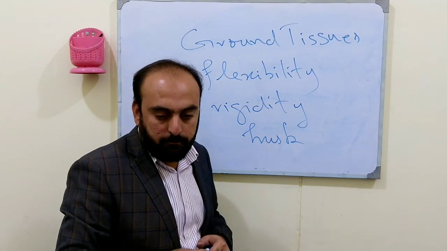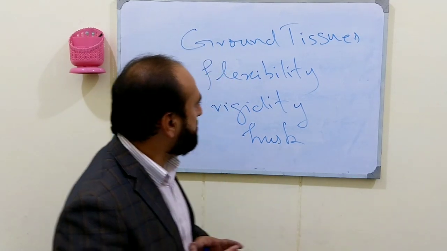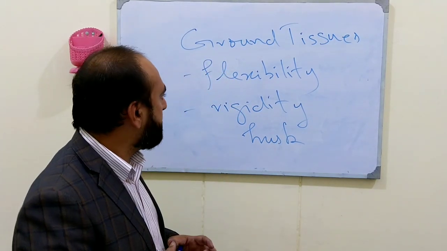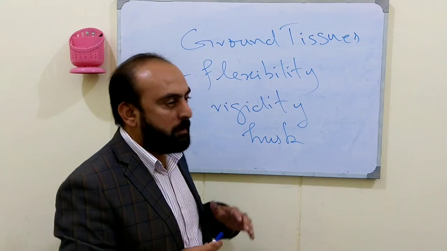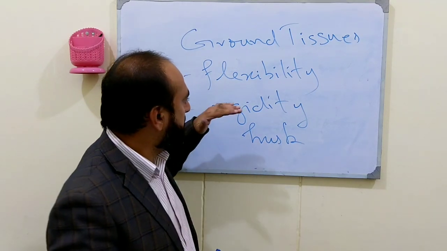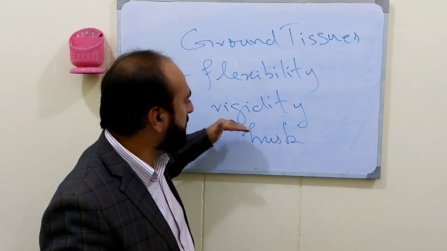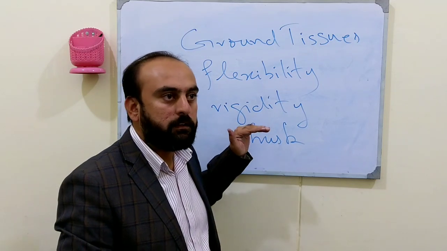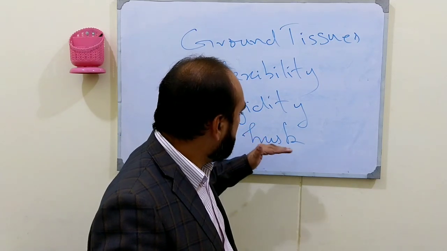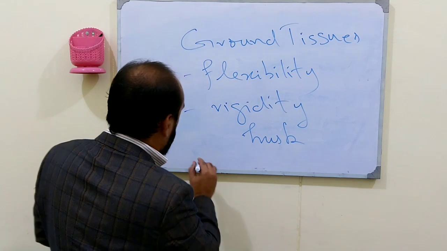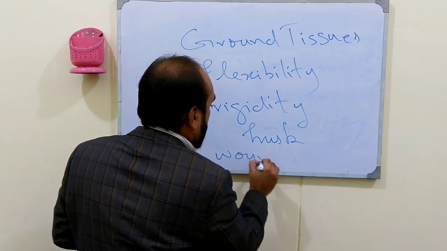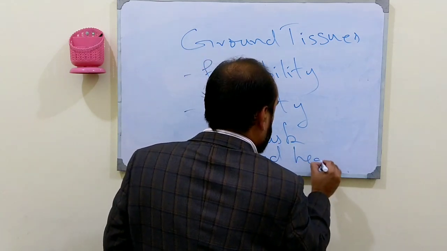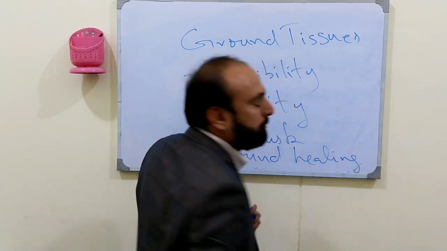So ground tissues are responsible for storage, for important metabolic processes, for giving flexibility as well as rigidity to the plant. And they are also responsible for another important process, that is wound healing.